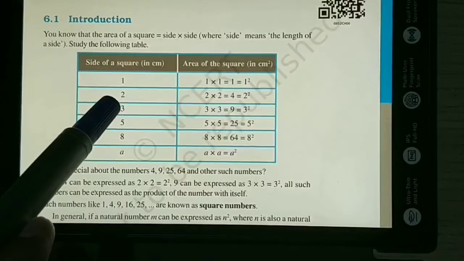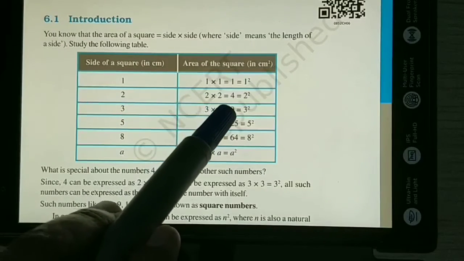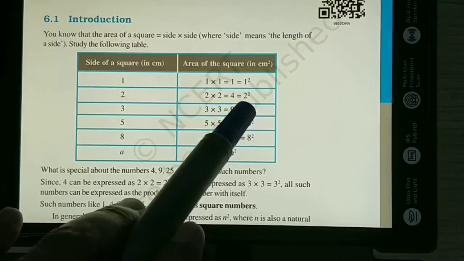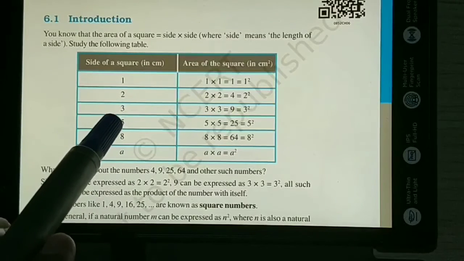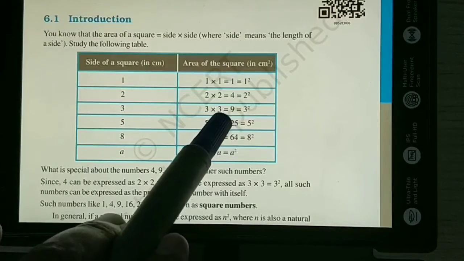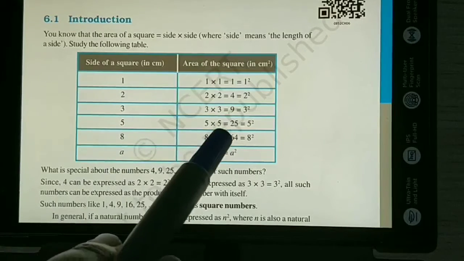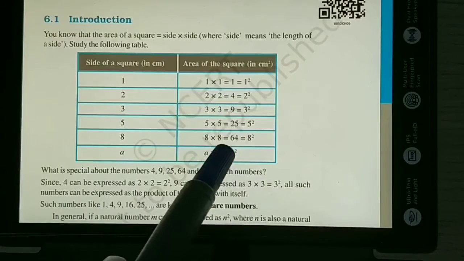When the side of the square is 2 centimeters, the area of the square is 2 into 2, which is 4, or we can say 2 to the power 2. When the side of the square is 3, its area is 9. When it is 5, its area is 25. And when its side is 8, the area is 64, meaning 8 into 8.